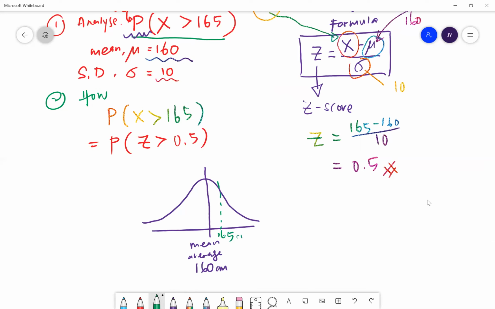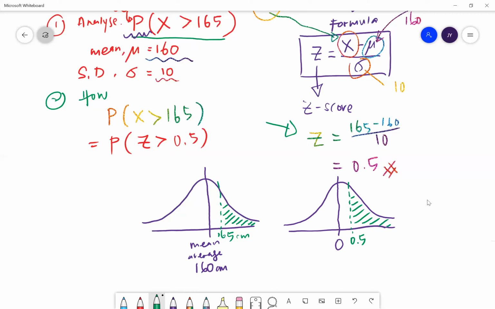This is for our own understanding. This is the graph. And if you want to let the table understand, you will tell the table different things. You will tell the table, our average is 0, and can you help me to find the probability of students who are taller than 0.5? This is what you want to tell the table. 0.5, because you found it already, you translated it. So I want to find 0.5.